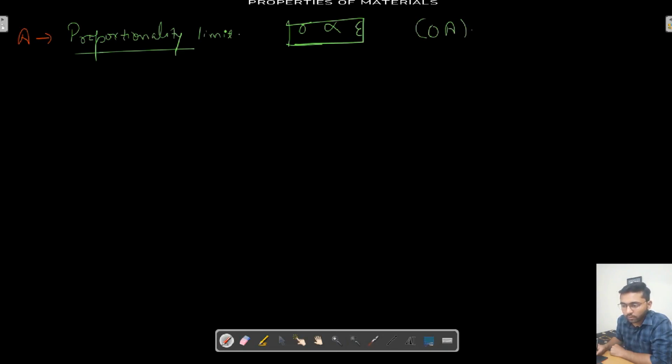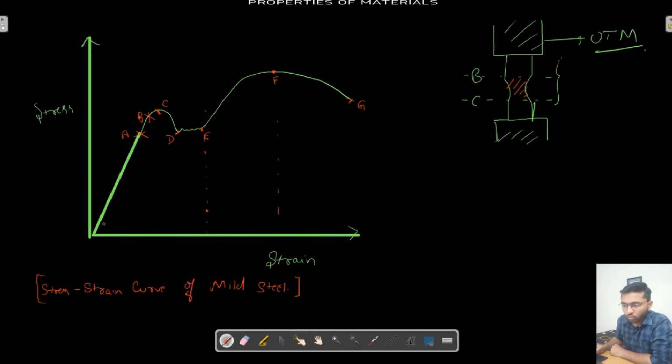Let me mark it. Let's say this is point O. So in the OA region, the stress is proportional to strain. If we try to increase the stress or reduce the stress, the rate remains constant. What is rate? Rate is the slope. The slope of this stress strain curve remains constant in this region OA, and therefore we say that OA region is the limit of proportionality.